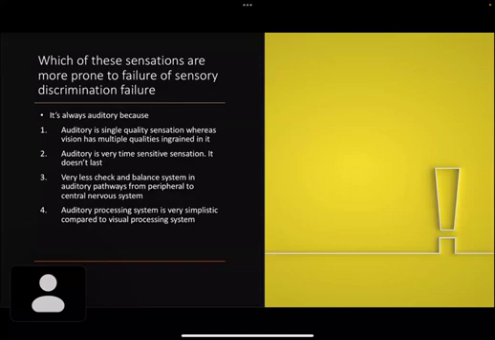And so we can recall visual memories and visual stimulation better. There is very little check and balance system in auditory pathways from peripheral to central nervous system.